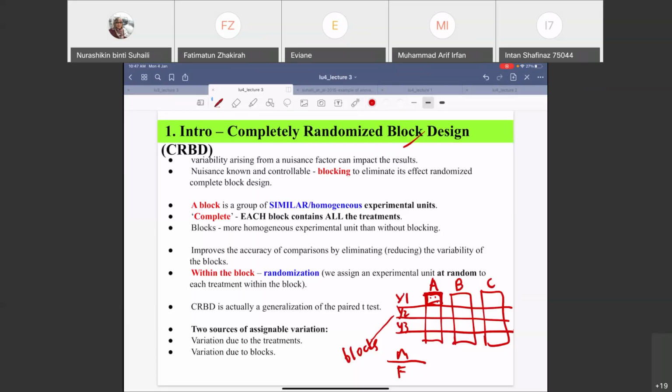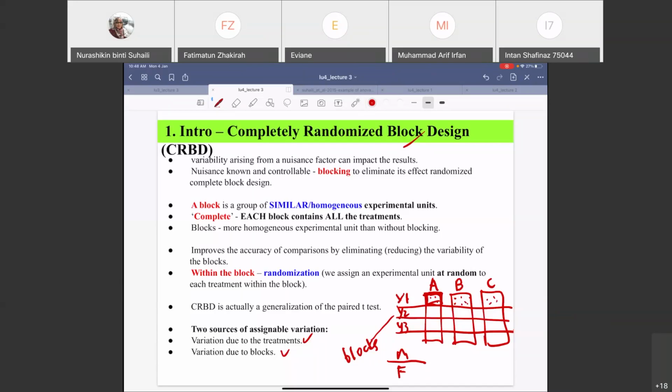Now, because you have treatment, which is the samples, and you have the blocks, the variation, when you have the data, of course you have more than one data point. The variation can happen within the blocks, like within year 1 across the treatment, or between the treatments. So that's the variation: variation due to the block and variation due to the treatments.